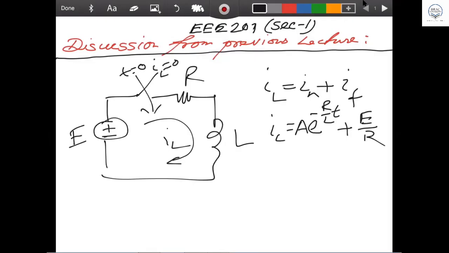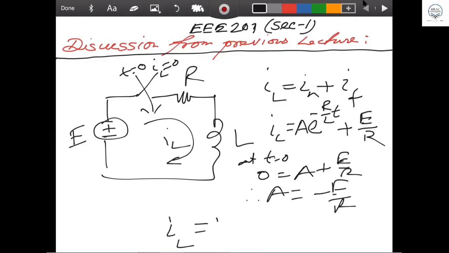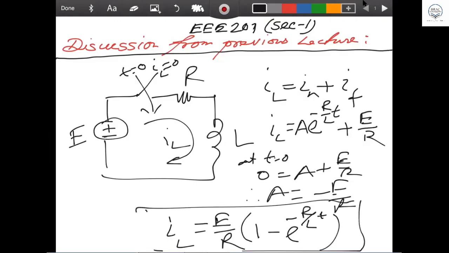So at t equal to 0, we substitute the value of 0, and from there we get 0 equals A plus E by R, and from there we find A equals minus E by R. And that gives IL equals E by R times (1 minus e to the power minus R by L t). This is the forced response IL. Last class, this is what we have seen.